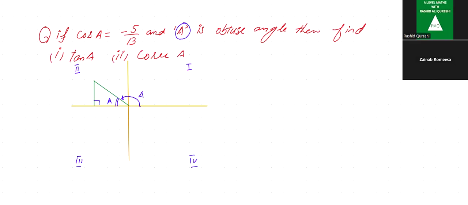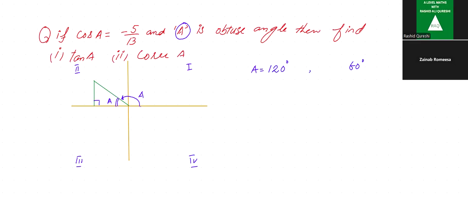Suppose A is equal to 120 degrees, because that is an obtuse angle. Obtuse means more than 90, less than 180. And what should be this internal angle? That will be equal to 60 degrees.